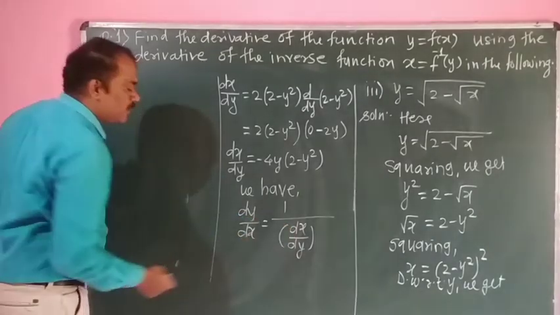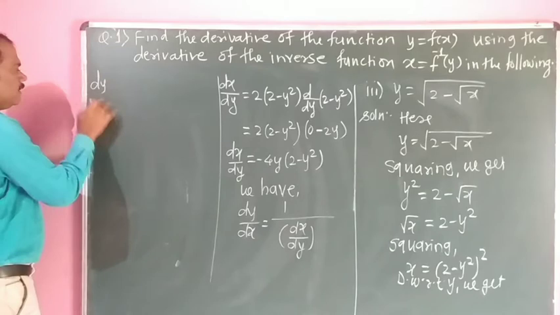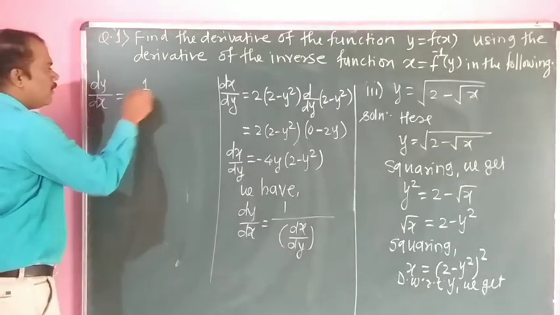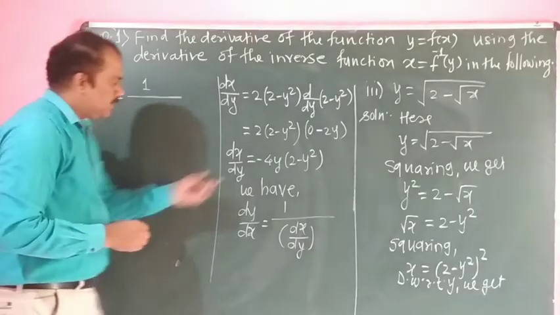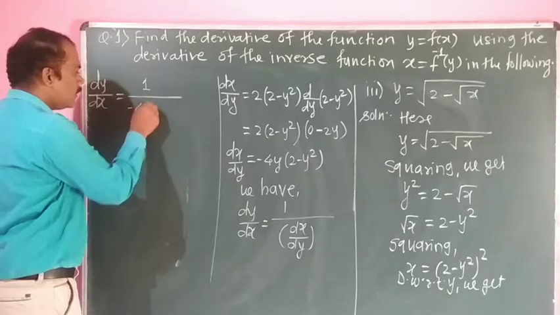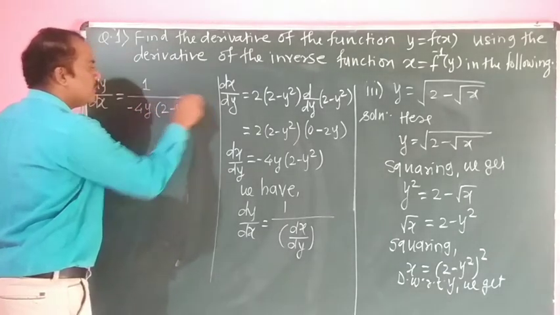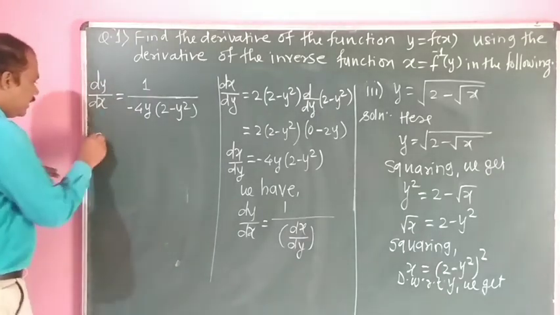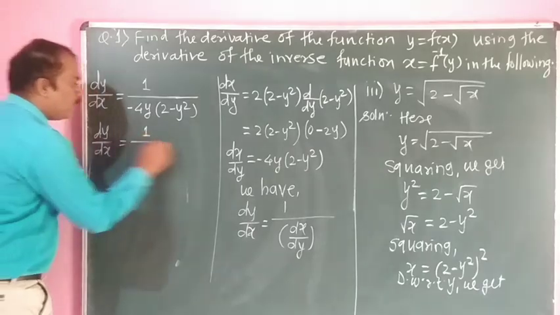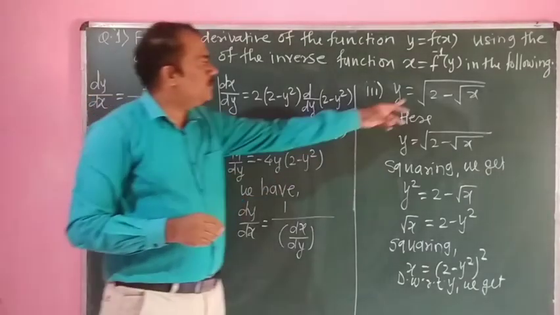So now we substitute the value of dx by dy, so we get dy by dx is equal to 1 upon minus 4y into (2 minus y squared). So dy by dx is equal to 1 upon minus 4 into, now we substitute the value of y.